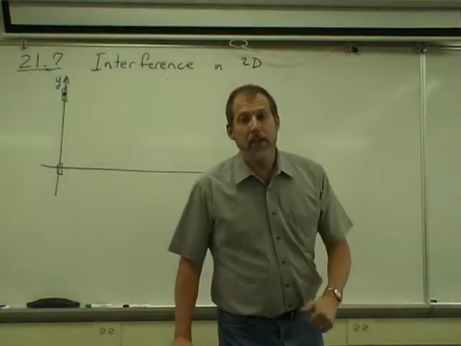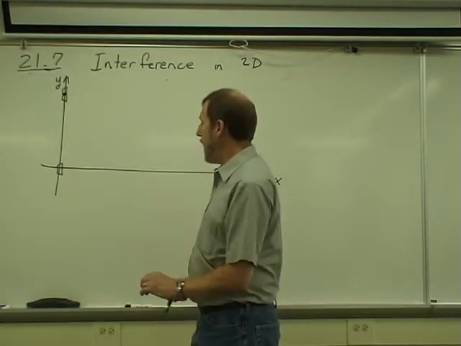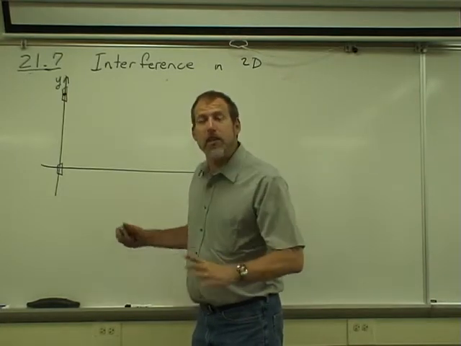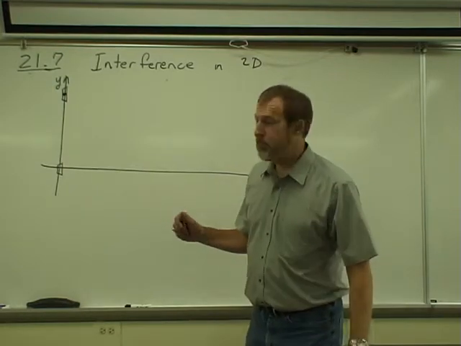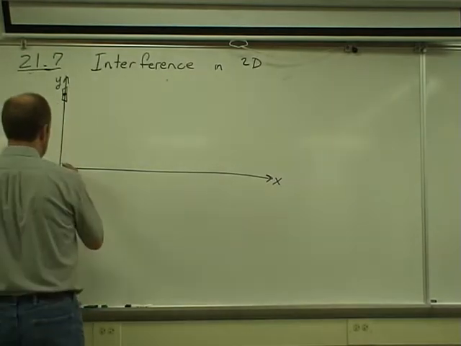To address interference in two dimensions, we simply have to keep track, as before, and actually it might be, conceptually at least, a little bit easier in two dimensions because we're going to make it very clear what we're looking at.